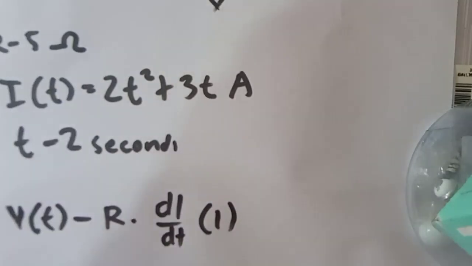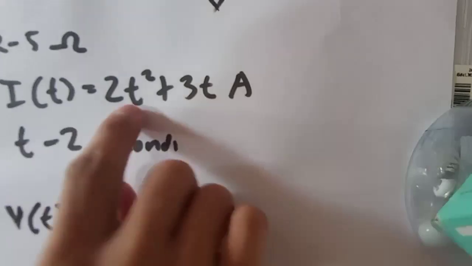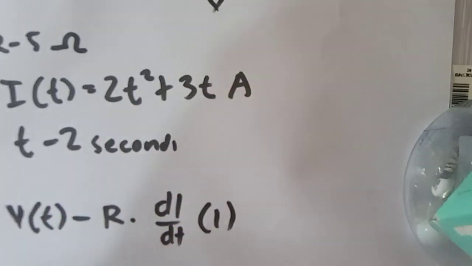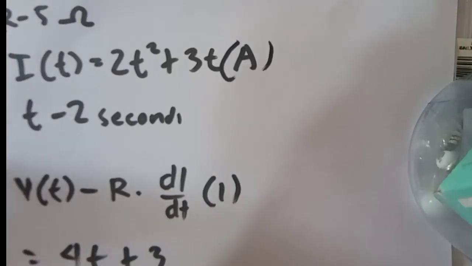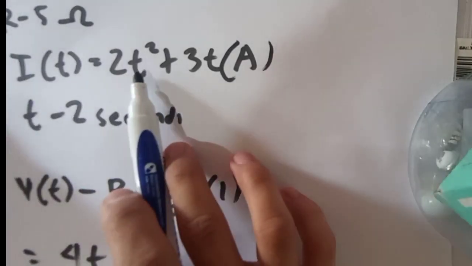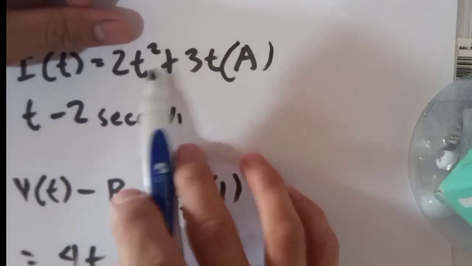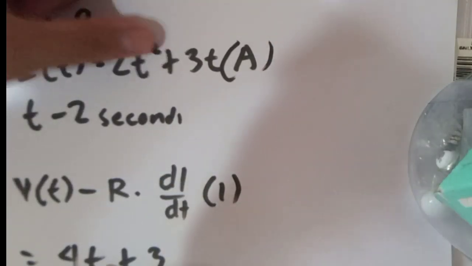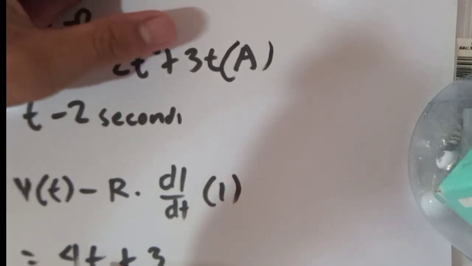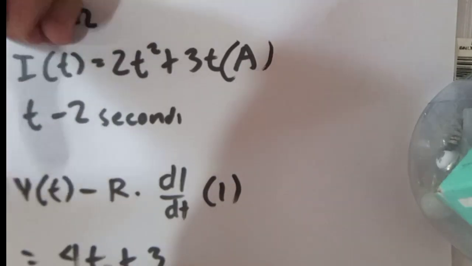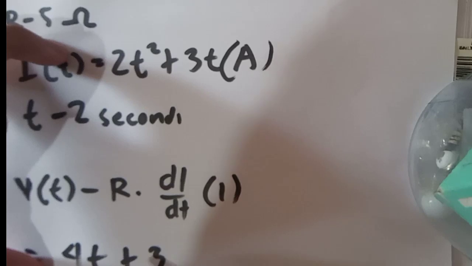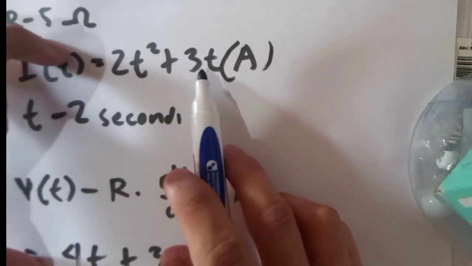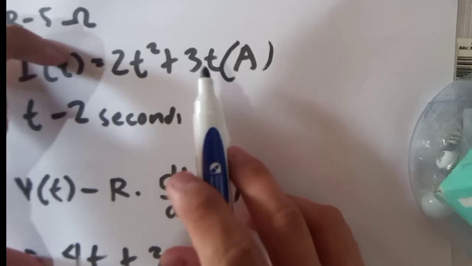First step, we get the derivative of this equation. The derivative of 2t squared, using the power rule, is 2 times 2, then 2 minus 1, equals 4t, plus we simply copy the derivative of 3t, which equals 3.